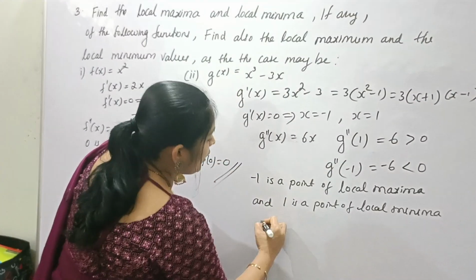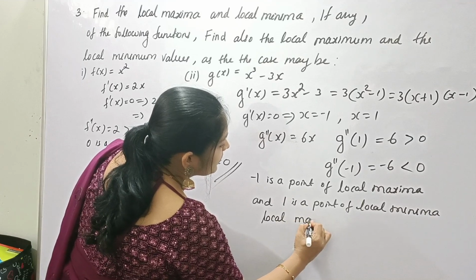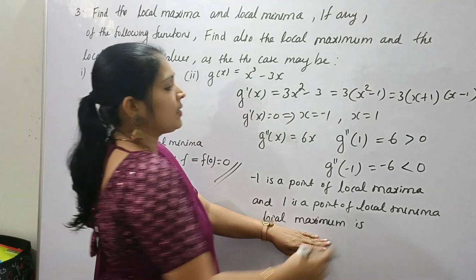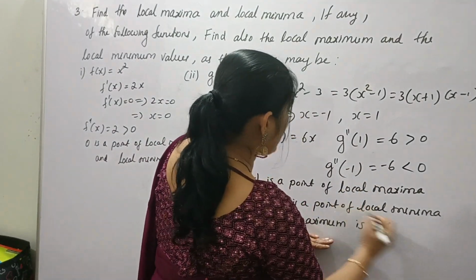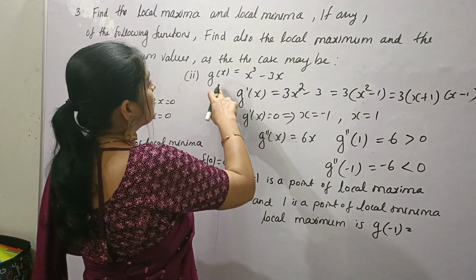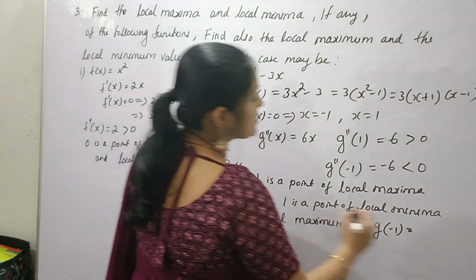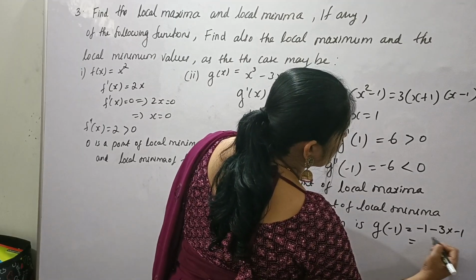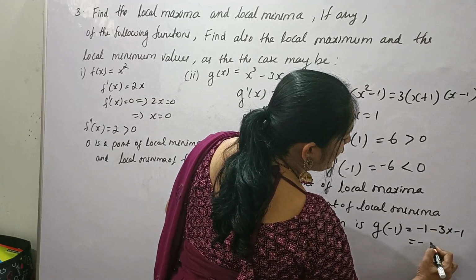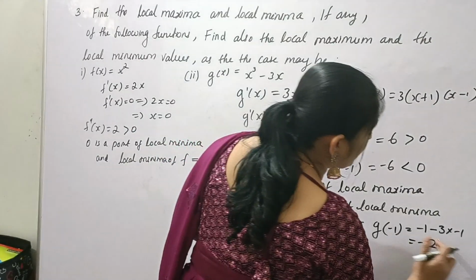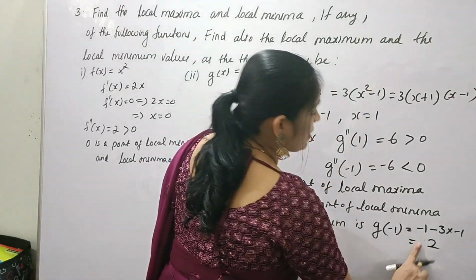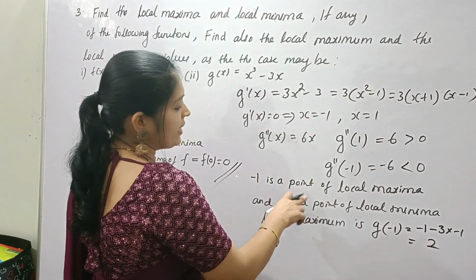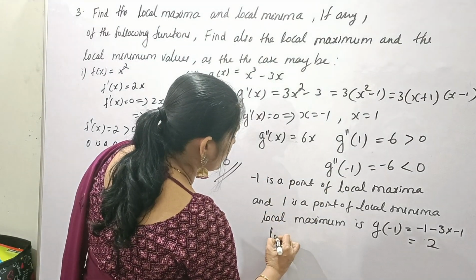And the local maximum value of the function is g of minus 1, that is minus 1 cube, which is minus 1, minus 3 into minus 1, that is equal to minus 1 plus 3. So the local maximum is 2.